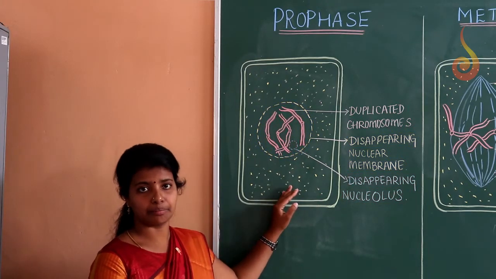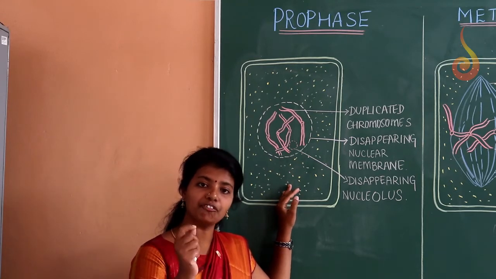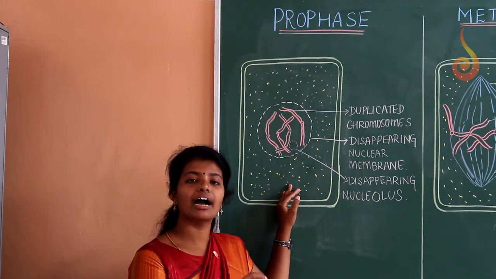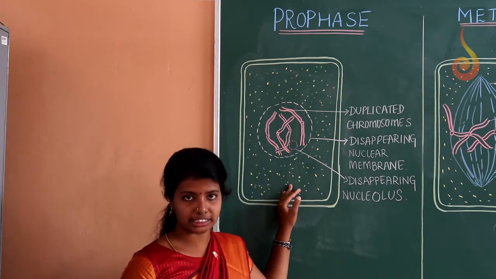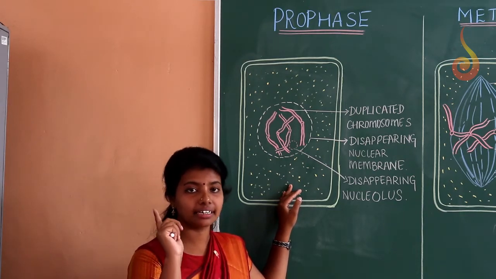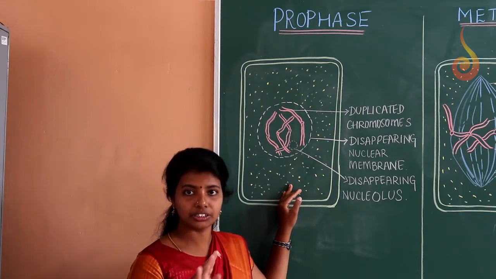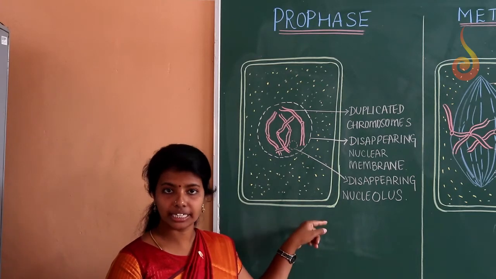And in the exam, after preparing the slide, if you identify the prophase stage, you have to draw a neat labeled diagram of the prophase stage, which carries 2 marks. Only the relevant labelings will fetch you the marks. It's not that you will write cell wall, cell membrane, nucleus.